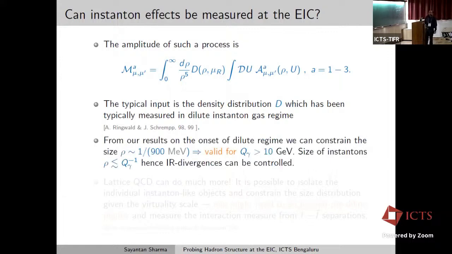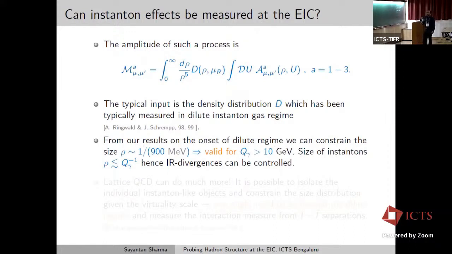However, since from our finite temperature results we know that the dilute instanton gas approximation is only valid beyond a certain temperature scale, if we convert that temperature scale into energy scales, then one can see that this dilute regime is only valid when the sizes of instantons are of the order of inverse of 900 MeV, which is valid for photon virtualities greater than 10 GeV.